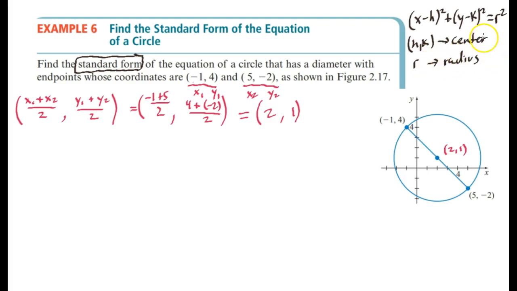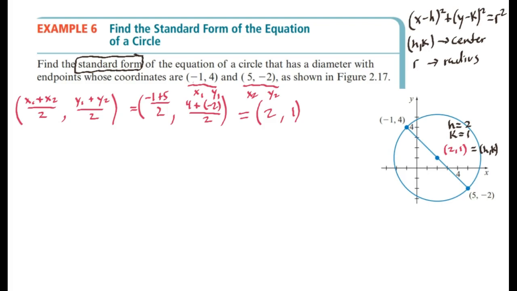We have to solve for the center of the circle, which we've already done. So this is equal to h, k. In other words, we've determined that h is equal to 2 and k is equal to 1. So all we need to do is solve for r at this point, the radius of our circle.